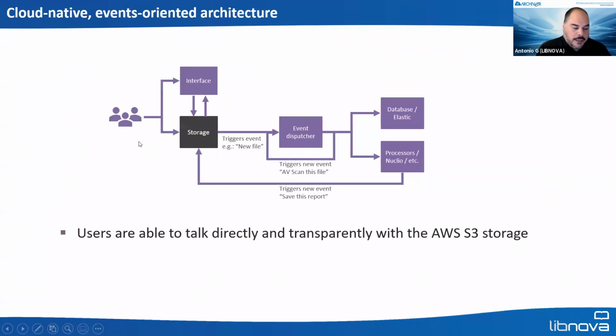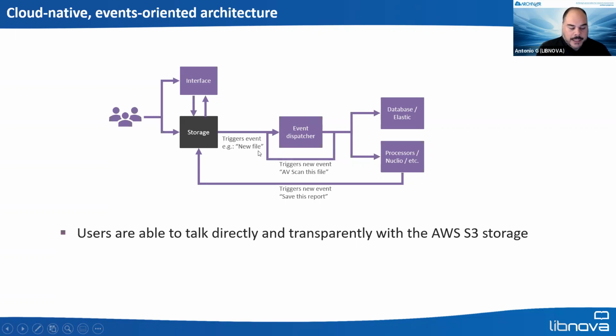So as I told you, the users are able to talk to the storage, and internally how this works. When someone is ingesting a file, they can use the interface or they can use the underlying storage. If they are using the interface, it is placing those files in the storage and so on. And if users are directly addressing the S3 stack, if you are running in the cloud, the S3 engine is going to create an event for the platform that is managed by an event dispatcher that is part of the platform.